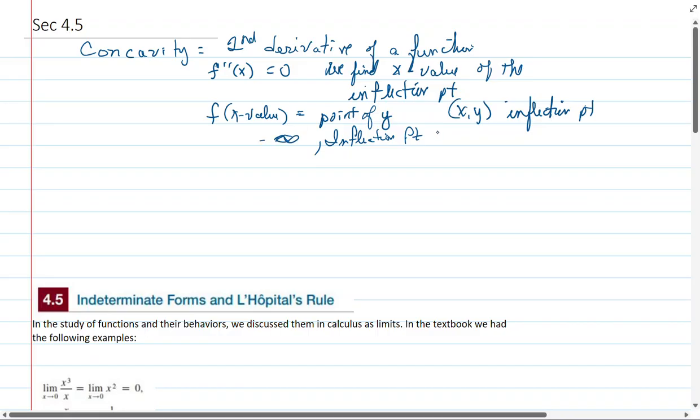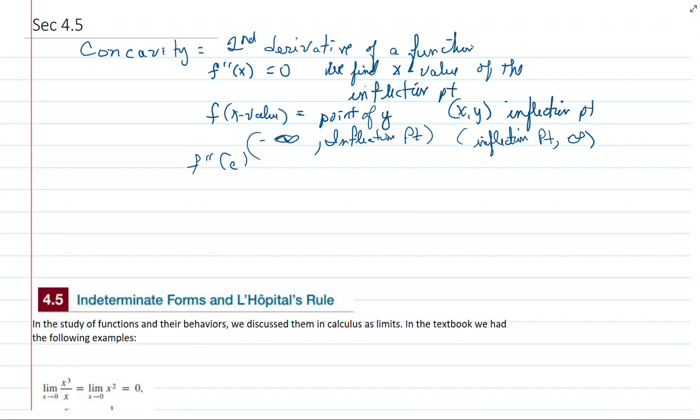It's never more than that, because I only asked that for a cubic. We would test it to see if the behavior is positive or negative, to know if the concavity exists.